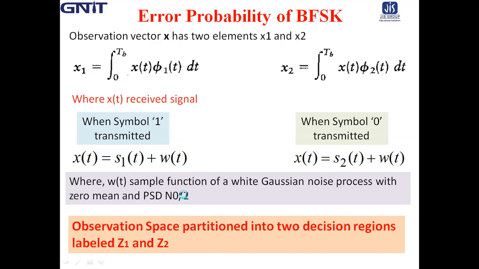If, on the other hand, symbol 0 was transmitted, then x(t) equals s2(t) plus w(t).